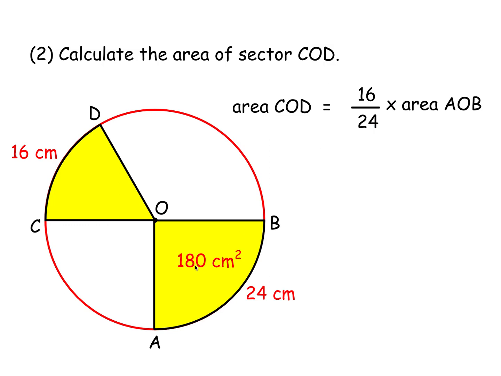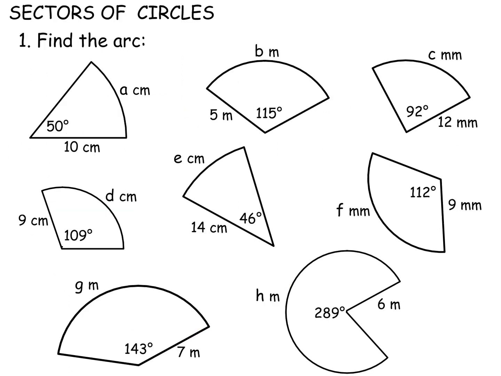So you basically want 2/3 of the 180. Divide by 3, multiply by 2. It's 120 square centimetres. None of that involved pi d or pi r squared. It's simple proportion. Look at the information they give you and figure out what fraction one sector is of the other.